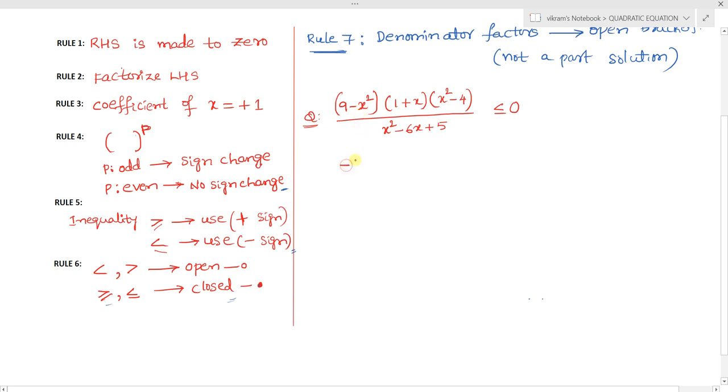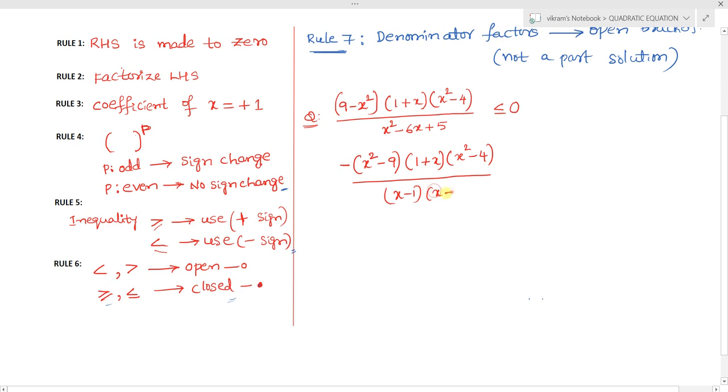Let's take minus as common over here, then we obtain x square minus 9 into 1 plus x into x square minus 4 by x square minus 6x plus 5, which can be written as x minus 1 into x minus 5.